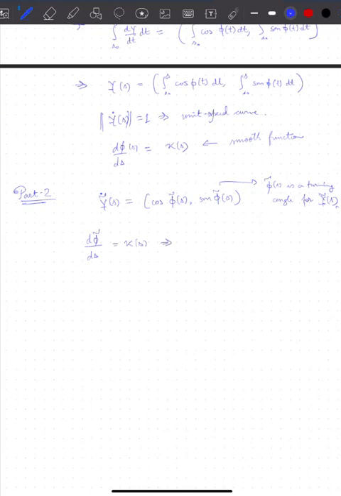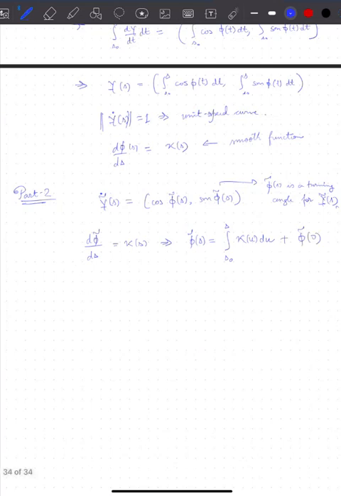So this implies that phi tilde of s, from s naught to s, is equal to the integral of kappa of u du plus some phi tilde 0.